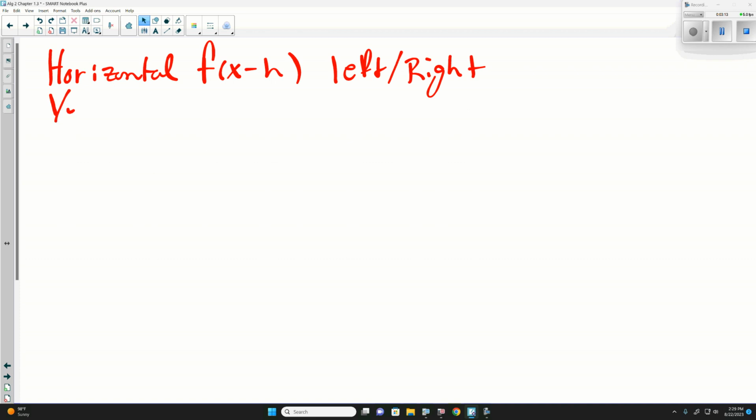Now, vertical is our f of x plus k, and this one is indeed our up or down.